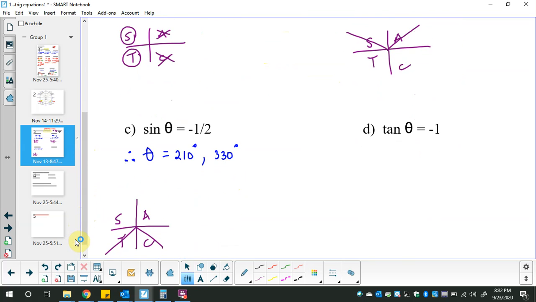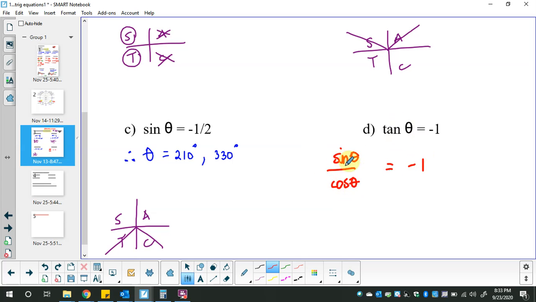Last question is a trick question, and I hope you can see that tan theta is equal to -1 is a unit circle measurement. And the reason I say it's a unit circle measurement is because of this. And I'm going to do it in red because it's not one of the obvious ones. So sine over cos is the same thing as tan. So tan theta, sine theta over cos theta, and it equals -1.